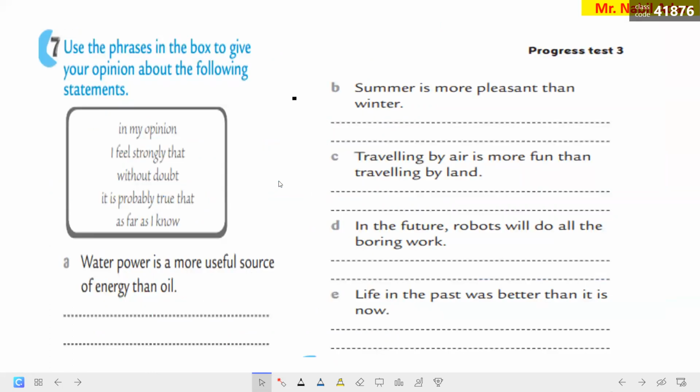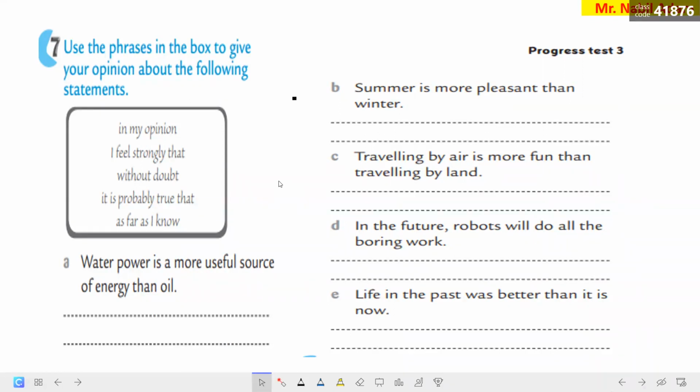Now, exercise number 7. Use the phrases in the box to give your opinion about the following statements. يعني استخدم العبارات الموجودة داخل الصندوق عشان تعطي رأيك في المواقف أو الجمل التالية. What are the words used?